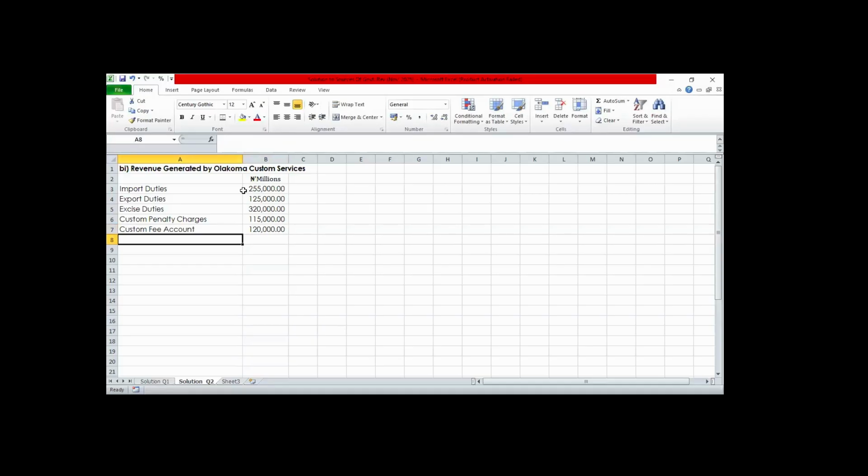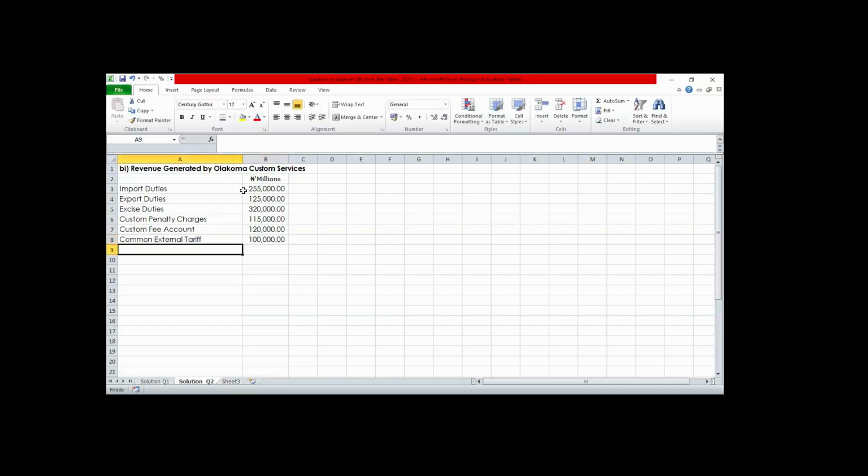Look at it very well. There's the common external tariff levy. Common external tariff, correct. How much is that? 100,000.